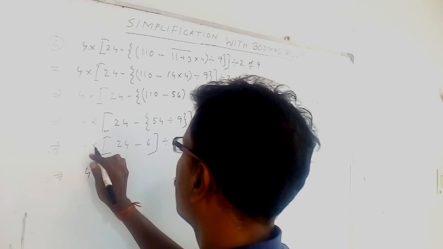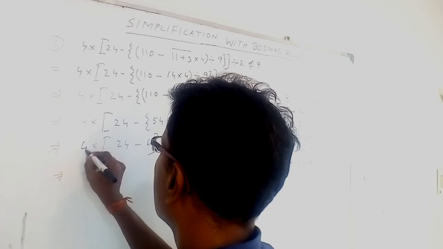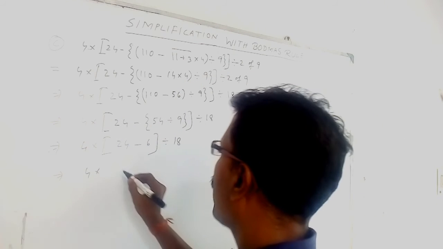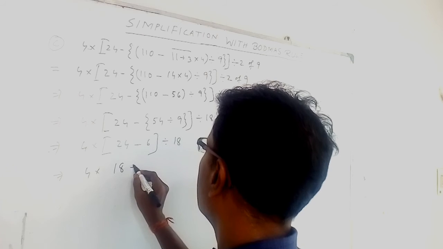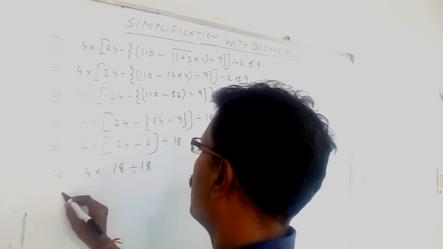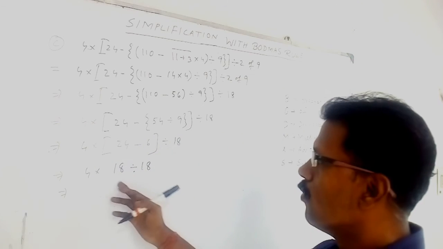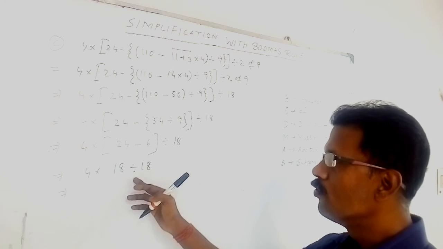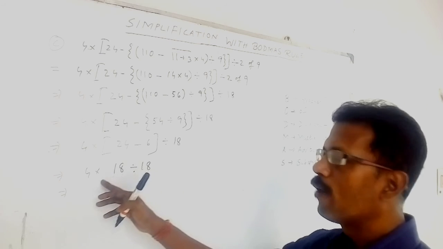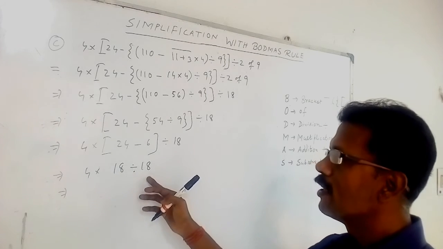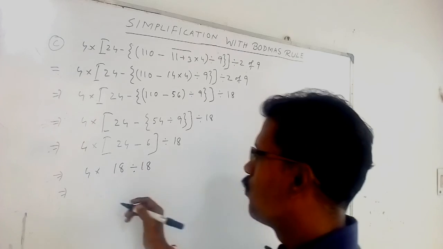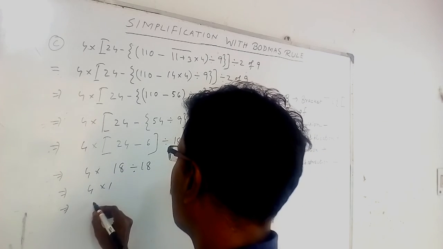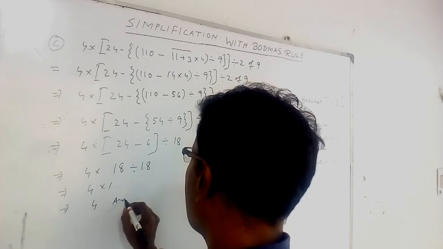Then 24 minus 6 is 18, and divided by 18. Now it is very easy: multiplication and division are placed side by side, and division should be preferred before multiplication. So 18 divided by 18 is 1, and 4 ones are 4. So the final answer is 4.